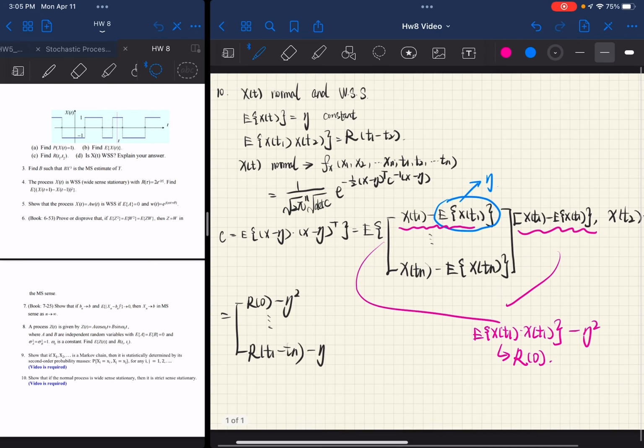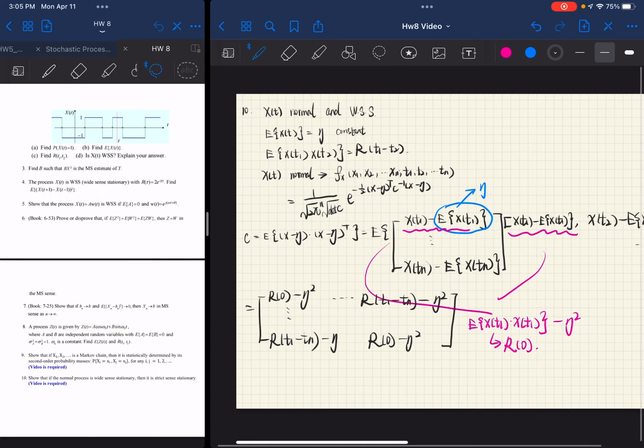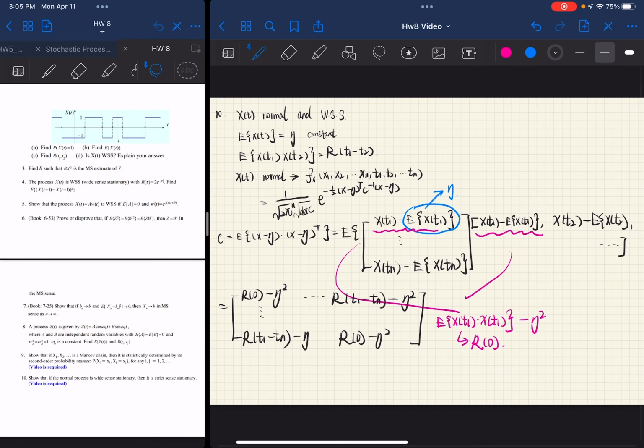And also here is X(t1) minus X(tn) minus the power of the mean value. And here is tn minus tn, so we get 0 again. And this is how we rewrite the matrix C, and I will make the previous part smaller.